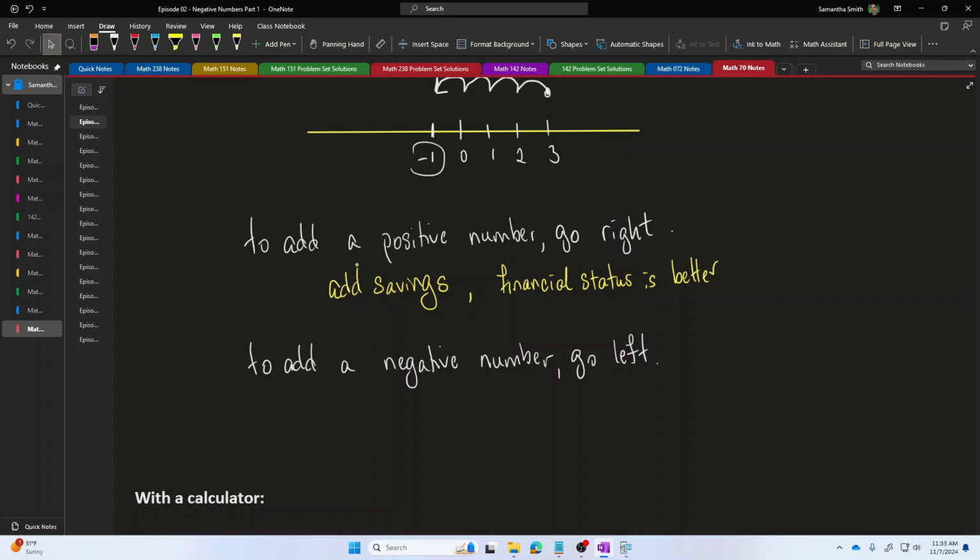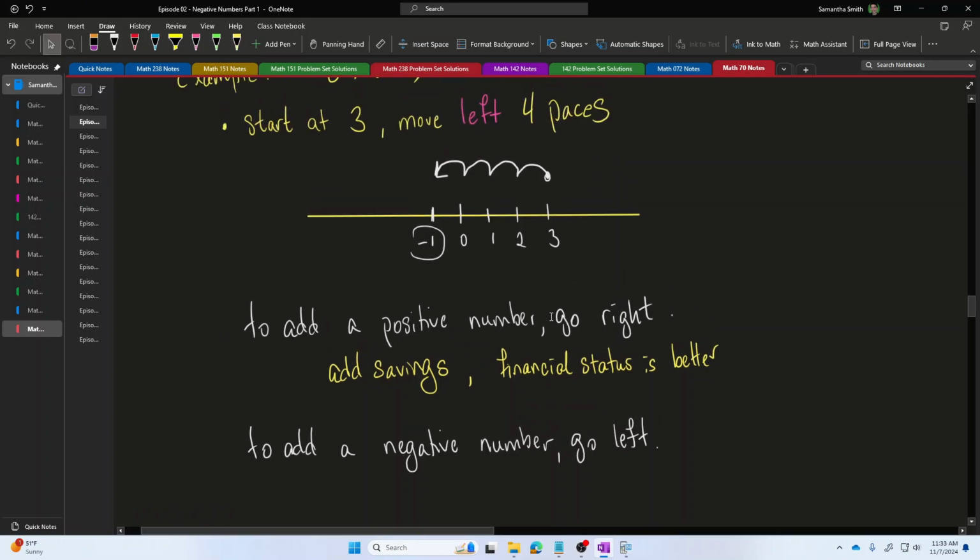So if you're adding a positive number, your result should be larger than what you had before.